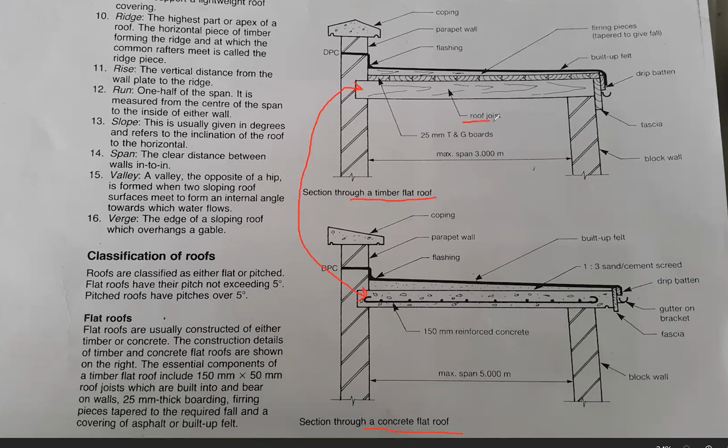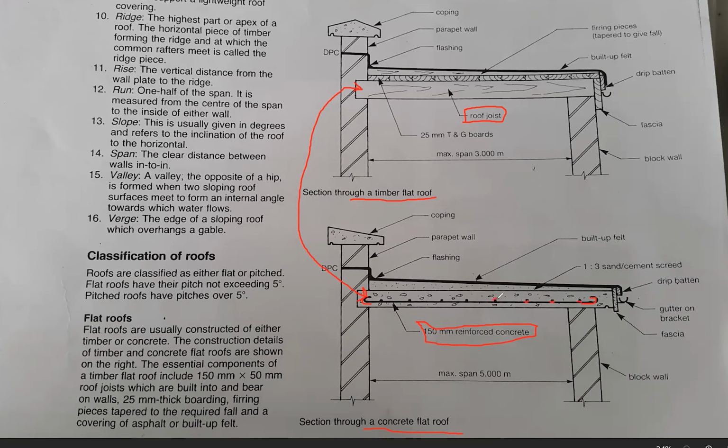This is a roof joist, which is made from timber, and this is a concrete reinforced slab. Right? They're both the size of 150 mil. Within the concrete slab, there's steel. This is the steel highlighted here. Then there's steel bars and stuff like that, right?